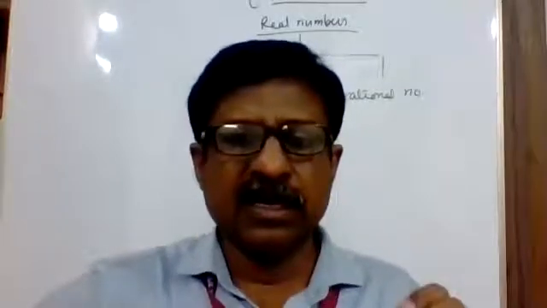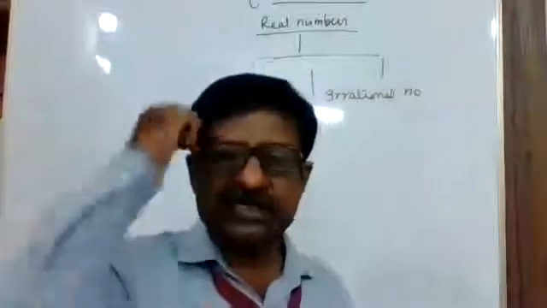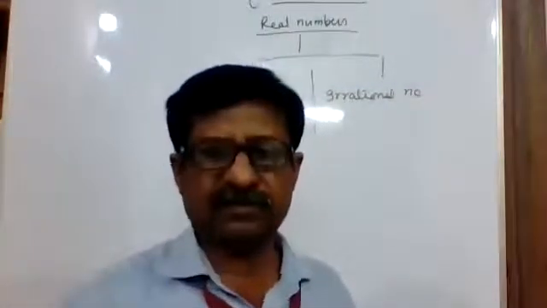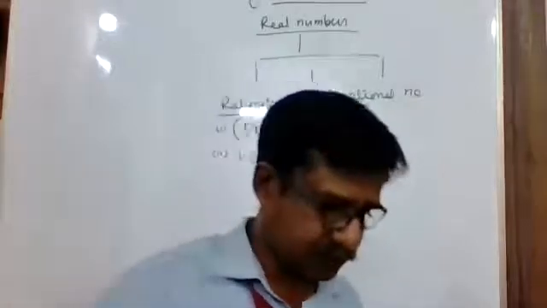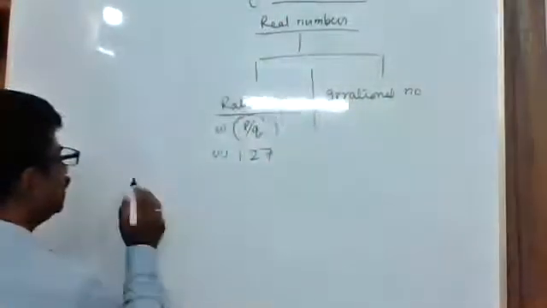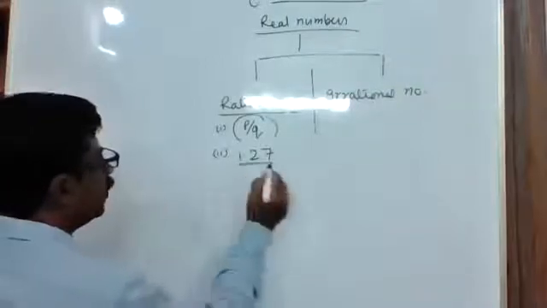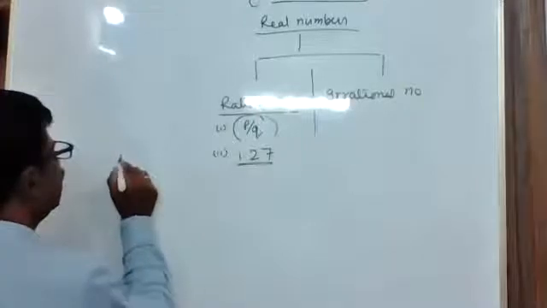Clear? Next we'll see how to represent a number which is non-terminating but repeating. That also we'll see. Now just see here. If you got 1.27, we'll write the question first.